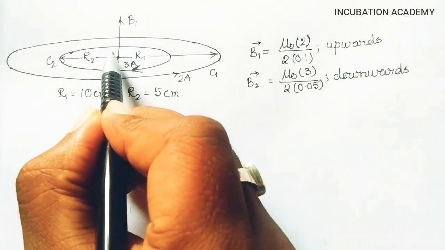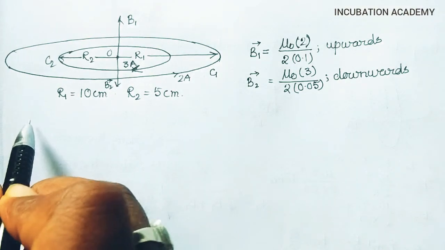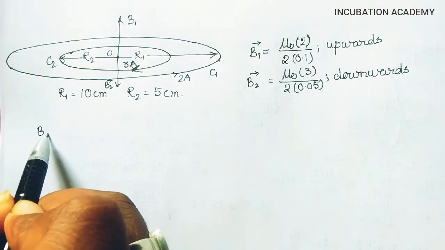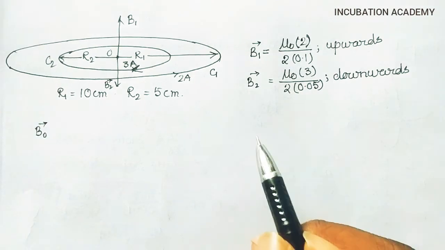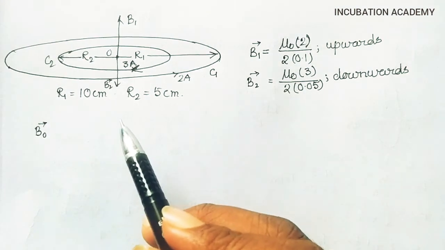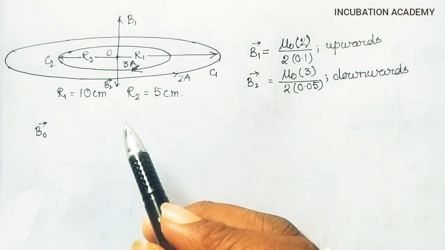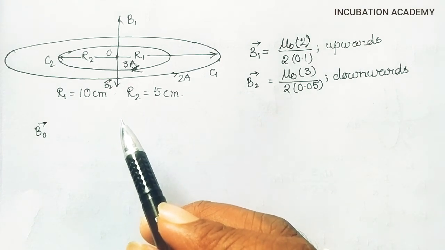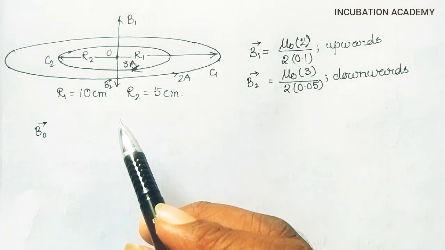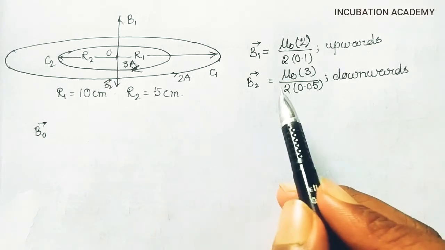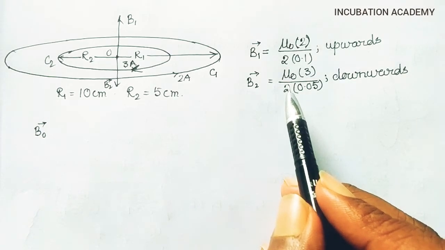Now if I try to find the magnetic field at the point O, then we can say BO. Obviously then the two magnetic fields are opposite to each other. As they are opposite to each other, we can find the resultant magnetic field by subtracting the smaller one from the bigger one. Now we have to check which one is the smaller one.